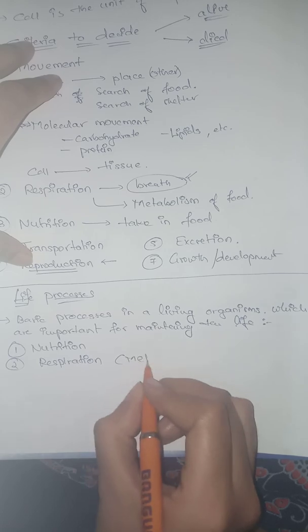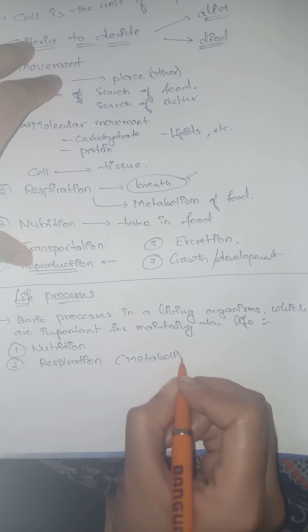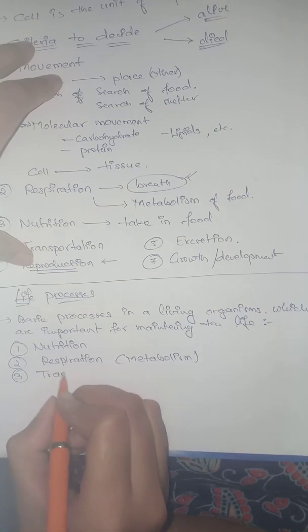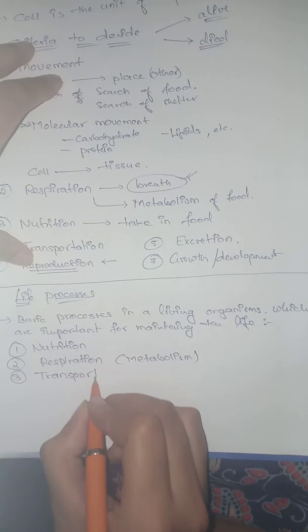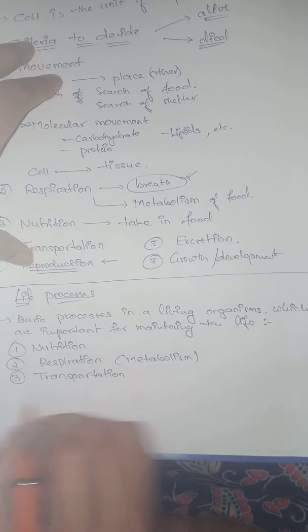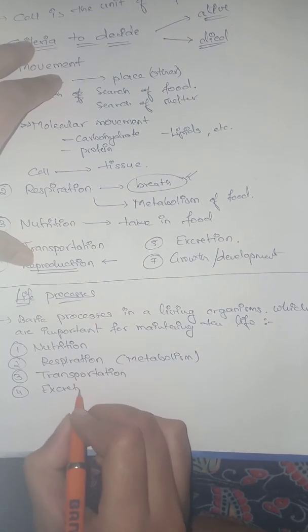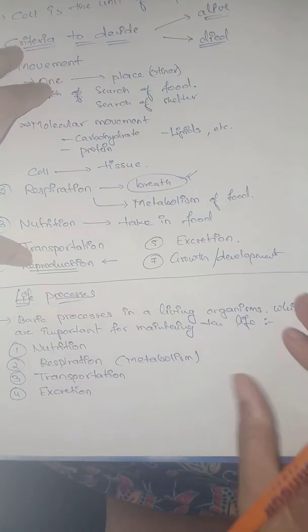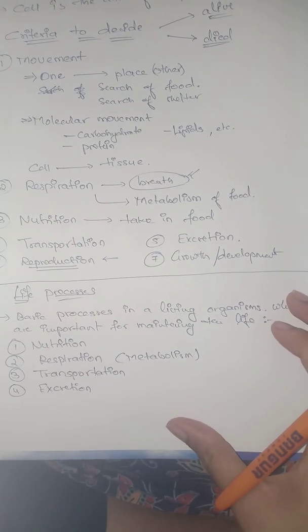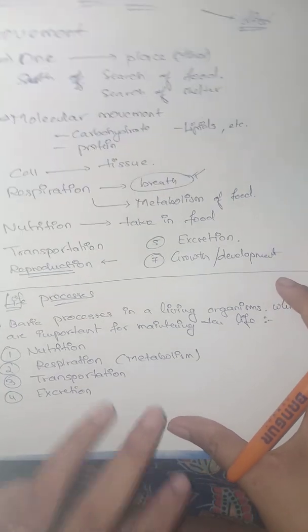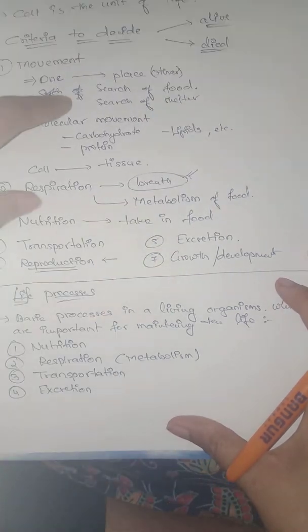And then you have, that is what we call as transportation, right? Fourth, we have, that is excretion, right? And these are some important life processes which are important to sustain a life of a living organism.